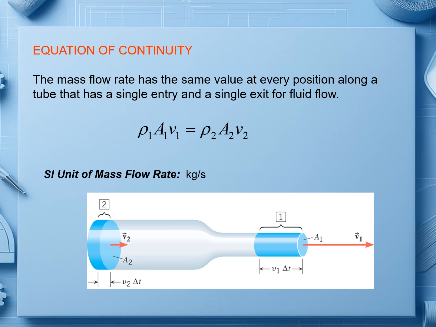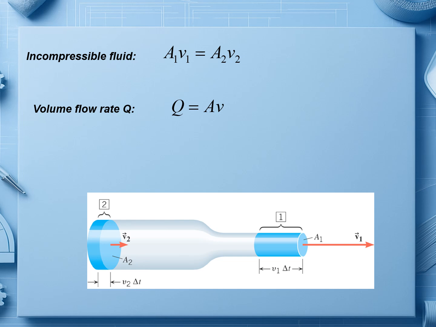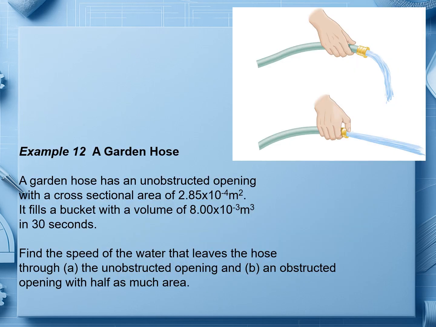Okay, this is the illustration for the continuity equation. The unit for the mass flow rate is kilogram per second. This is for the incompressible fluid, and then the volume flow rate is equal to Q, which is area times velocity.